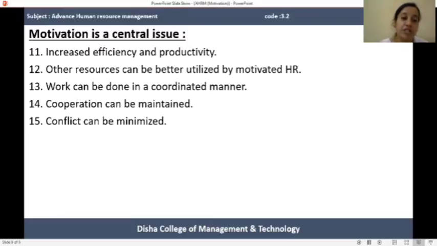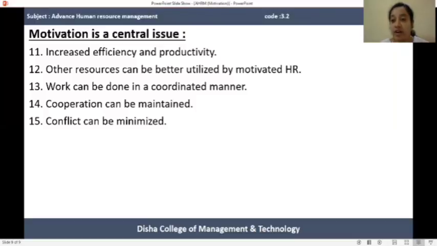Next, motivation helps to do everything in a coordinated and cooperative manner. If there is positive motivation, then the employees are satisfied with the organization. Then there is no concept of conflict arising within the organization, and every work can be done in a coordinated and cooperative manner.